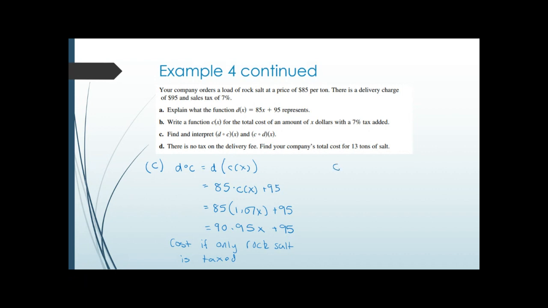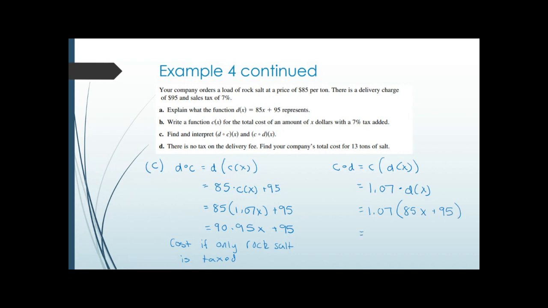Now going the other direction, C compose D, so that is taking the equation for tax, C, and you're replacing it with D. So our equation for tax is 1.07x, so that's 1.07 times D of x now. So that is 1.07 times 85x plus 95.